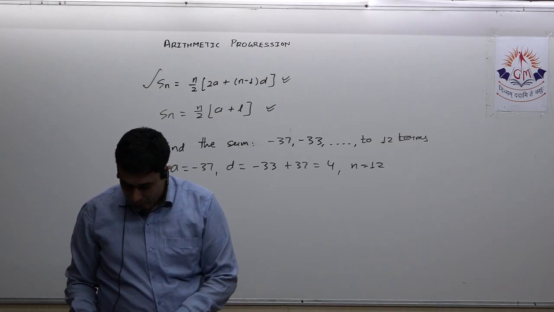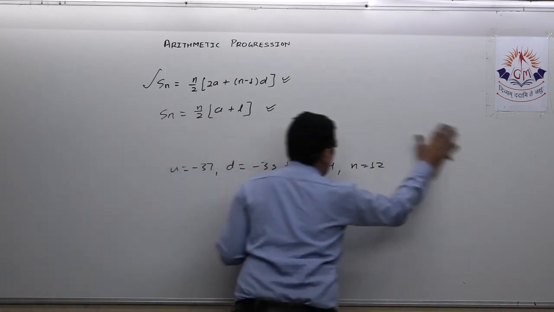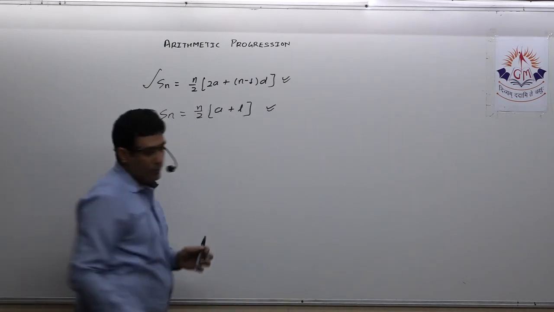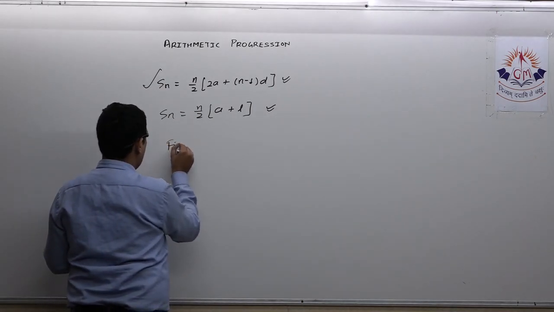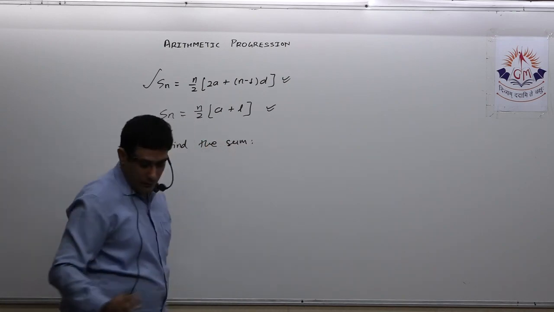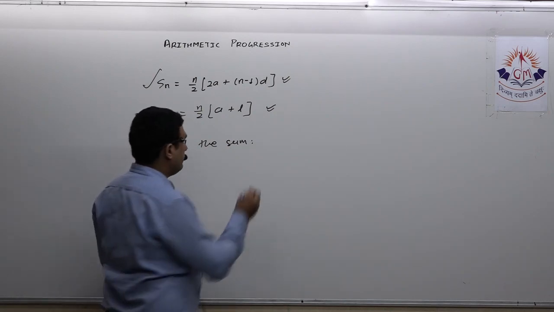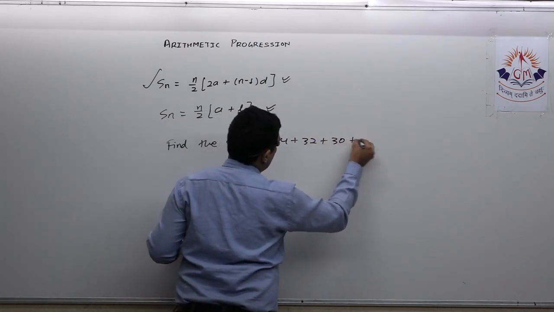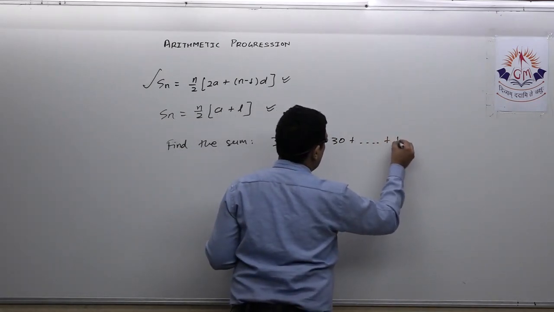Okay, I am just giving you the different varieties of questions that can be asked. The formula and the calculation part you have to do on your own. Now next, suppose again they are saying find the sum. This time the AP is given in this form: 34 plus 32 plus 30, and finally it is given plus 10.